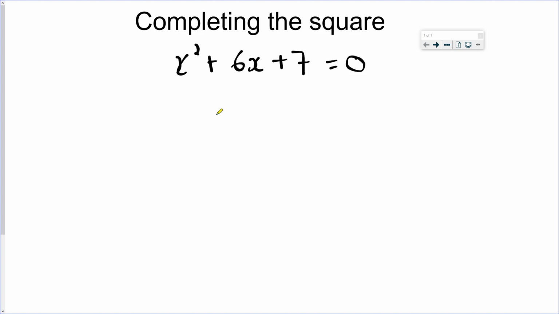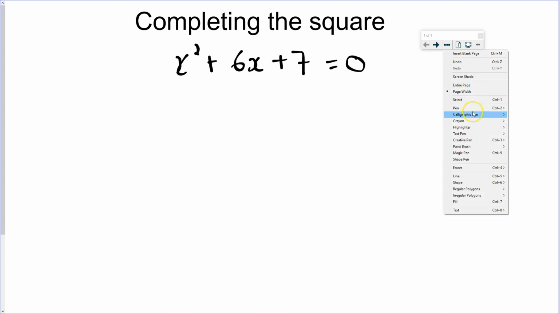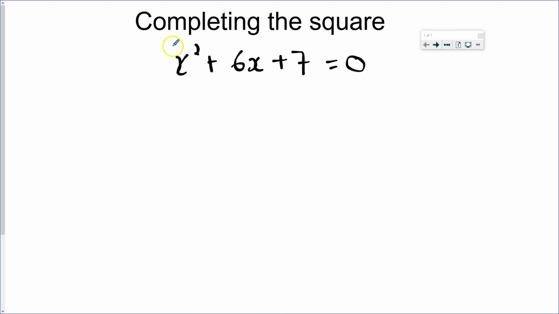Okay, so for completing the square, in class I said you have to look at your quadratic equation. A quadratic equation is in the form of ax squared plus bx plus c equals 0. This is the standard form.